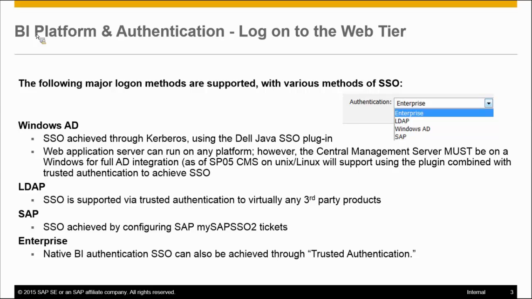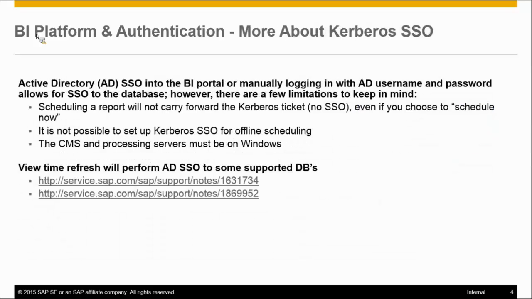And then SAP, it's being done with tickets, logon tickets, or trusted authentication. And then finally, the enterprise authentication is the one integrated within the BI platform, in case you don't have access to any other authentication.